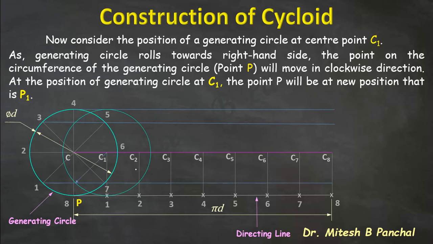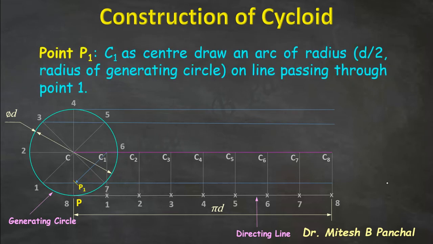For that, take C1 as a center, radius equal to d by 2, and draw an arc on the line passing through 1. This way you will get the point P1, which is the new position of point P when the generating circle rolls on a directing line and reaches the new position at C1.